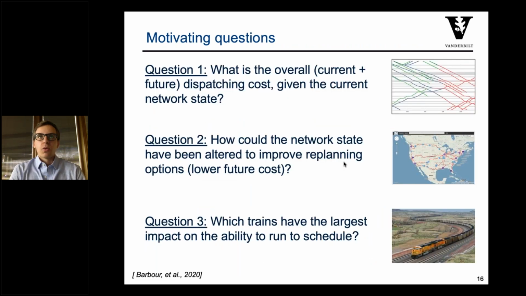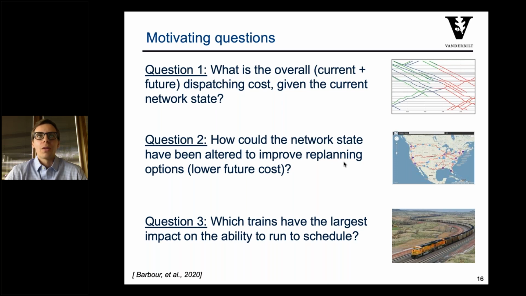So the three specific questions that we're going to look at with the dispatch analysis methodology, they all get at this overarching research question that I identified earlier, but we'll break them down specifically to these three. Question 1 being, what is the overall dispatching cost in terms of the current cost and future, given the current network state?